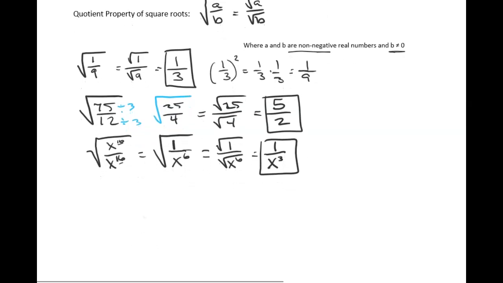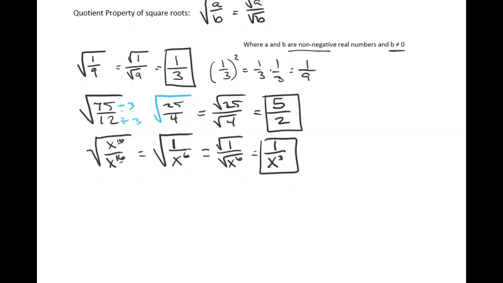So let's look at one more, one that has a little more going on. This last one will be the square root of 180x to the 13th over 64x squared. My first step again is to look inside at the fraction and ask, can I simplify the fraction itself?